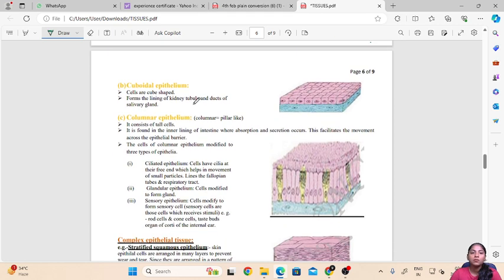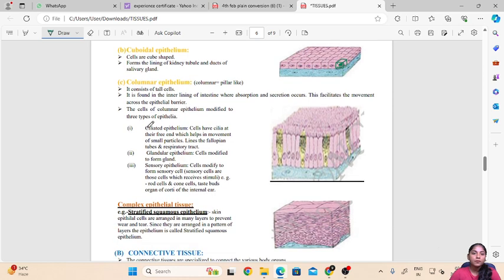Then the second one is called cuboidal epithelium. In this, the cells are in the form of a cube, so they are called cuboidal epithelium. They have a prominent nucleus, and these usually form the lining of kidney tubules, then ducts of salivary glands, like those. The third type is columnar epithelium. In this, the cells are pillar-like in shape.